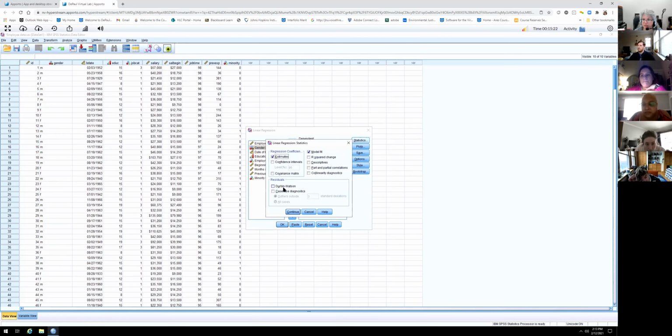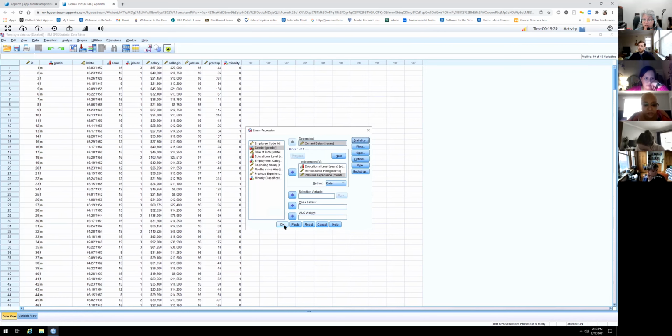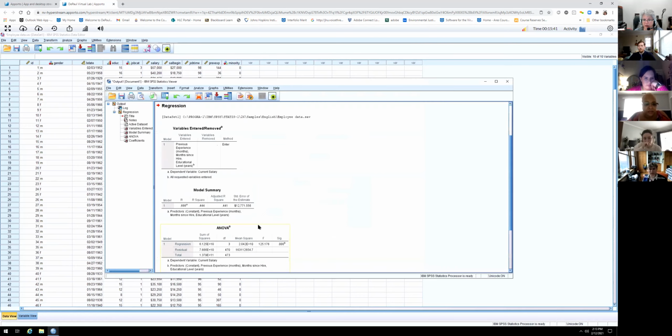One of the assumptions is that there is not a longitudinal problem, like a time series problem. Here's how you would test for time series problems: Durbin-Watson. That's talked about in the lecture briefly. But anyway, you just need this estimate and that model fit. Then you hit Continue and you can go ahead and hit OK.